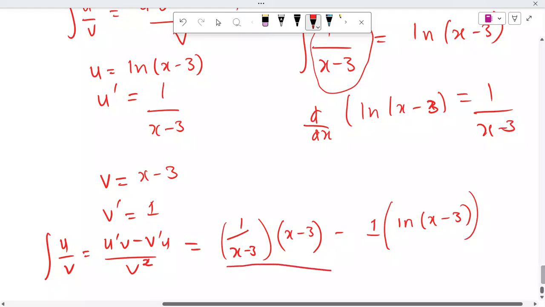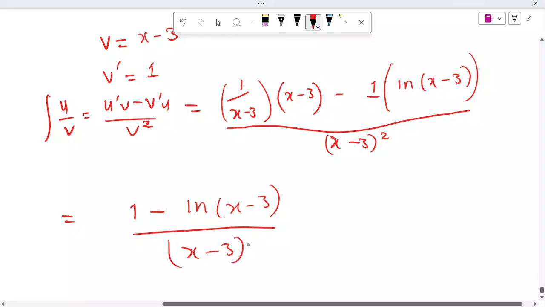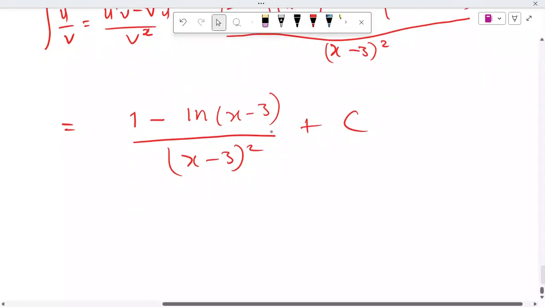Then everything over v squared, so it's x minus 3 squared. So this equals, this and this will cancel, so you have 1 minus ln x minus 3 over x minus 3 squared plus c. Okay, so this is your answer.